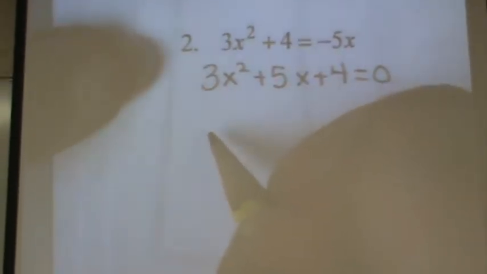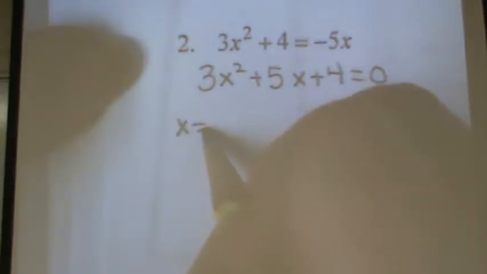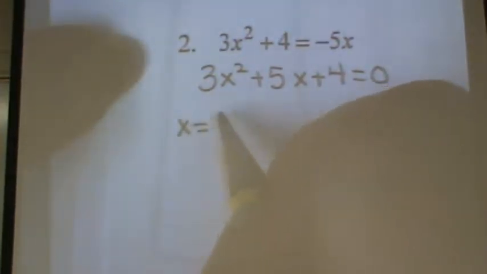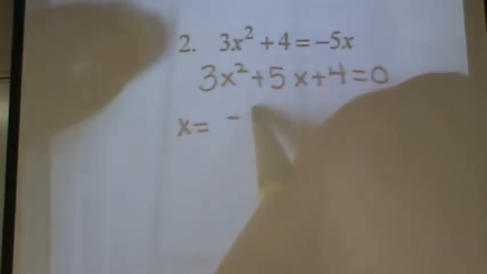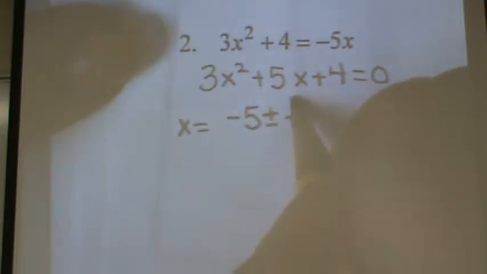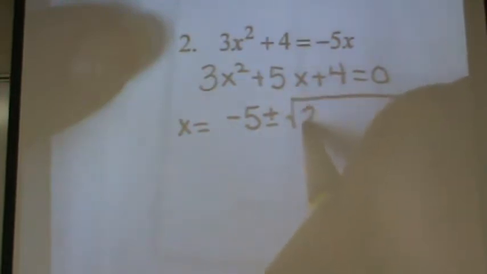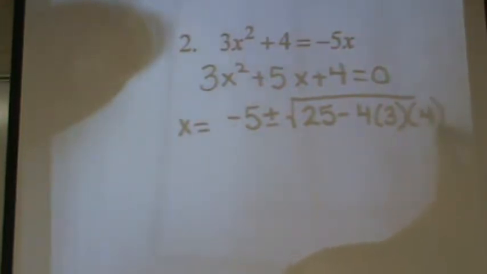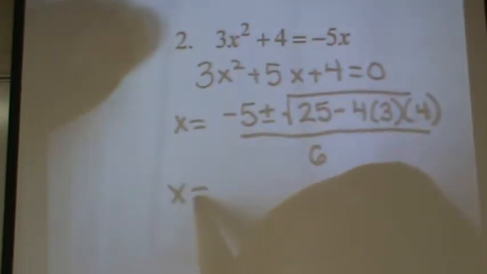What's the easiest thing to do? Quadratic formula. It says x is equal to the opposite of b. B is 5, so -5 plus or minus the square root of b squared, so 25 minus 4 times 3 times 4, it's 4ac, all over 2 times a, which is 6. Okay, so next, what do I do?